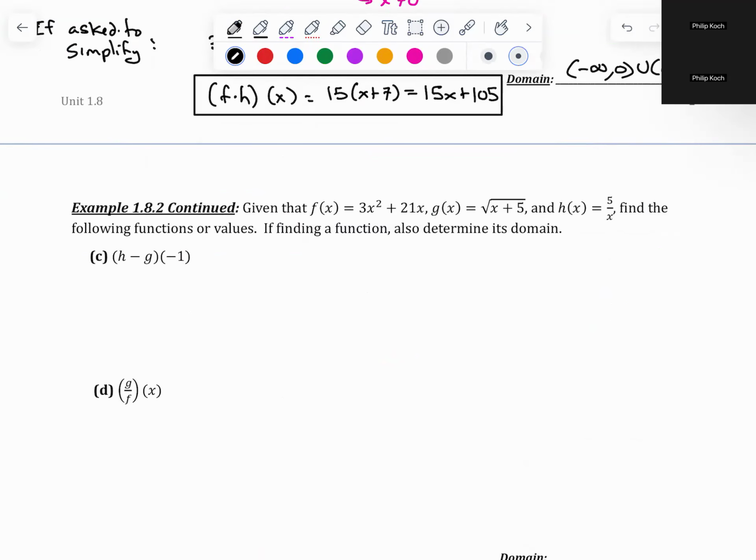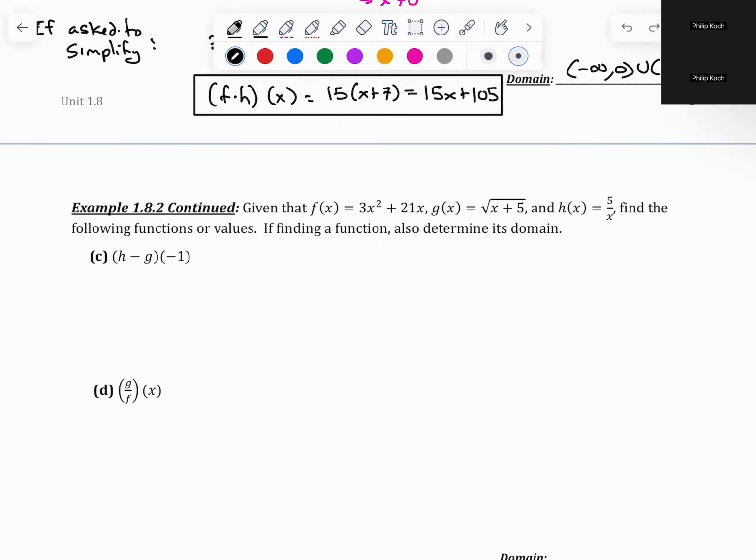So if it's asking me just to find h minus g of -1 and that's it, notice that the next question is not find h minus g of x. The previous two questions didn't ask me to find h minus g of x. So there's no real reason to find that function and simplify it.